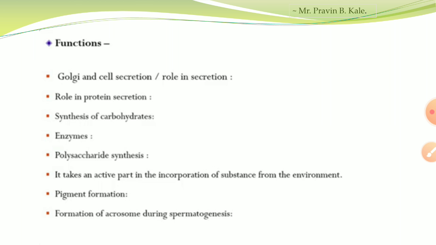Many electron microscope studies show that during vitellogenesis in oocytes, yolk products first become visible in a cisterna of the Golgi complex. Oocytes and yolk products during vitellogenesis are first visible in a cisterna of the Golgi complex in many electron microscopic studies.